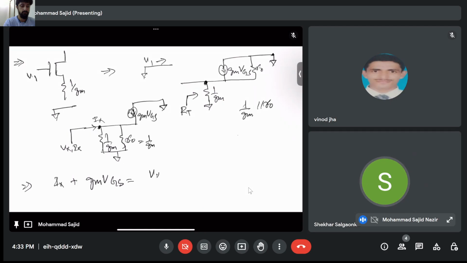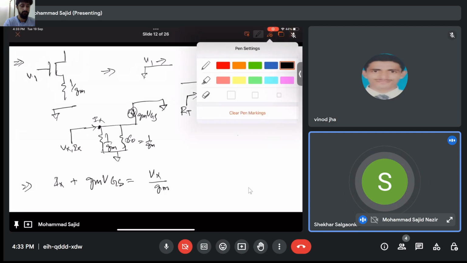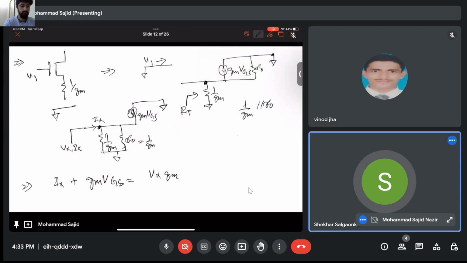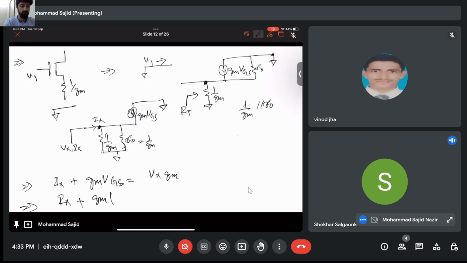So I can directly write the current leaving as Vx multiplied by GM, right?